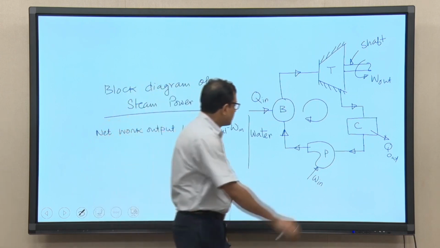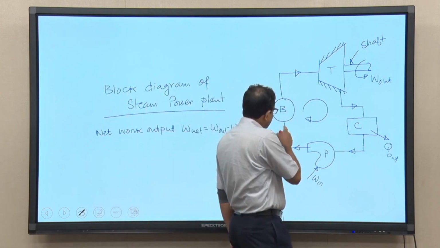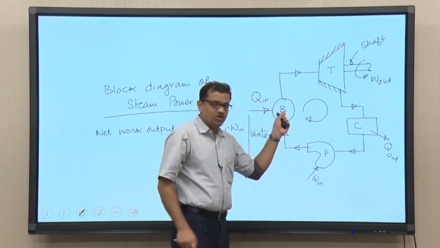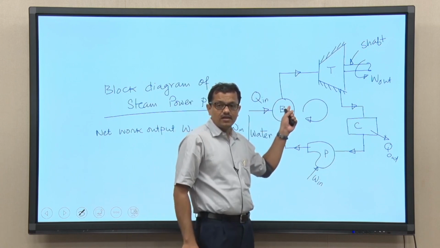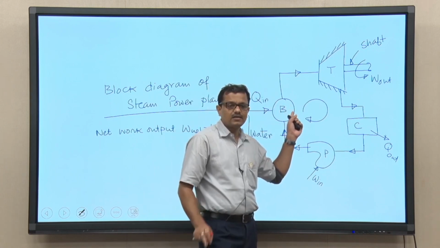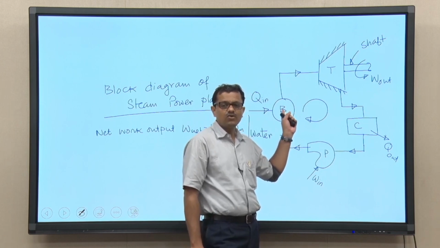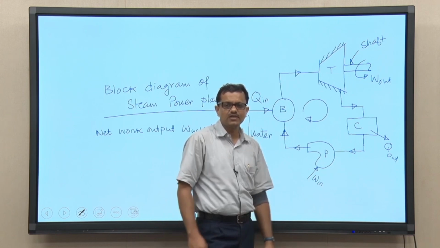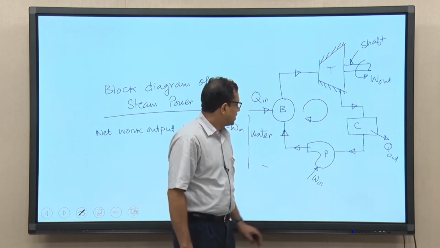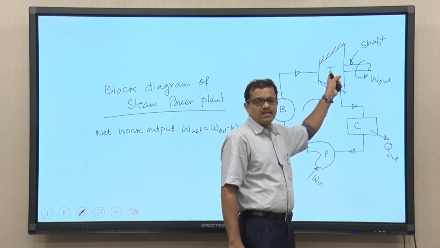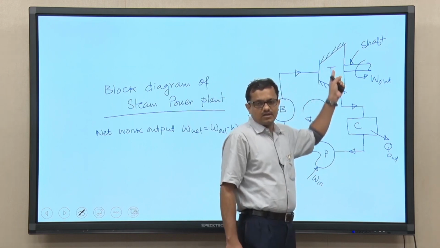Why? Now try to understand that the water is continuously flowing through the tubes inside the boiler, and heat flow is there over the tubes. By virtue of heat exchange, water will be converted into steam. Again steam is coming from the flow nozzle and it is entering into the turbine, again it is a flow process.